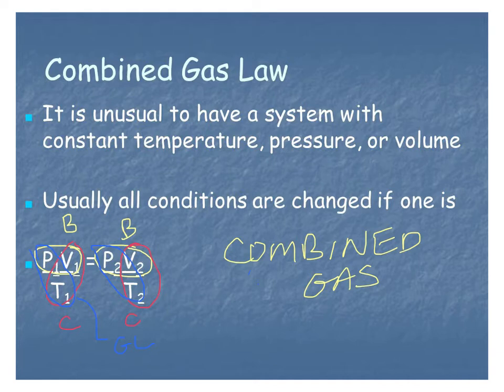Let's say we have P1, V1, and T1, and then we're given P2 and T2. We can solve for V and T, no matter which one we have, as long as we have 4 out of the 5. It's one of the most useful things that we have going for us.